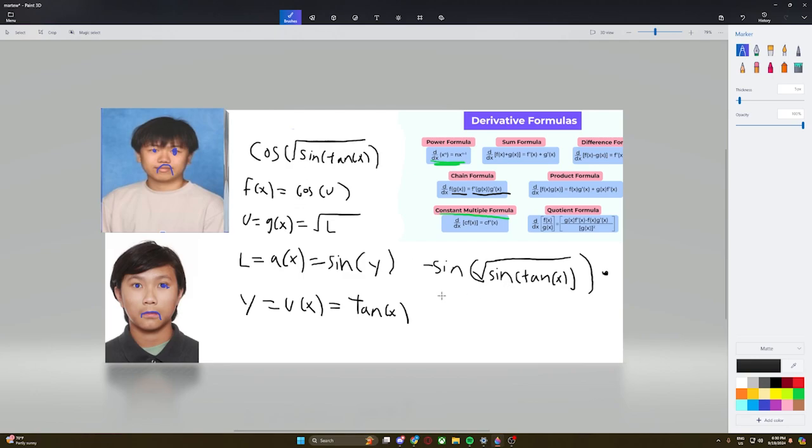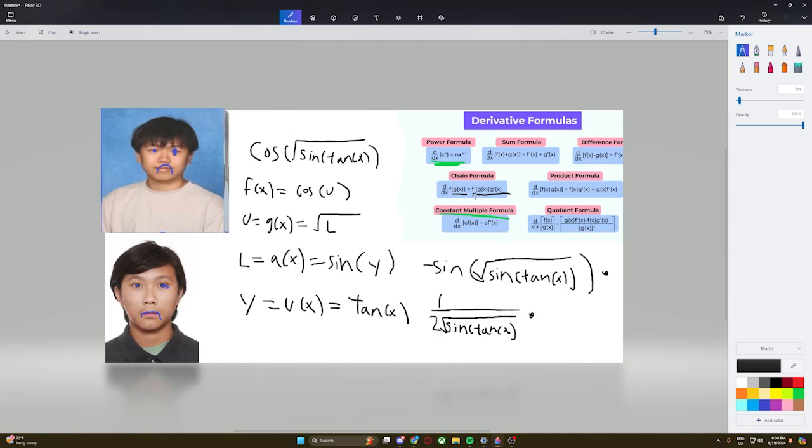G prime x is square root L. Derivative of a square root is 1 over 2 square root, and then the inside, which is L, which is sine y, and where y is that, so sin tangent x, multiply.